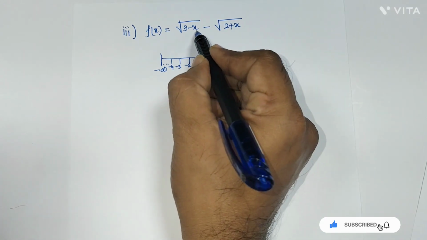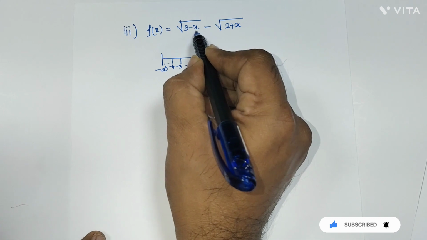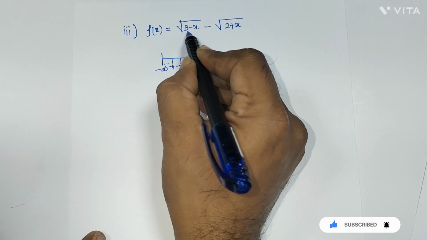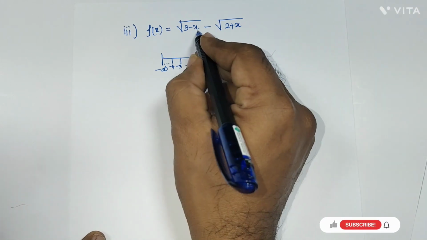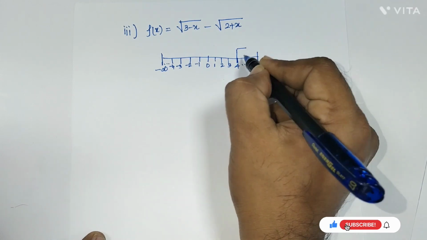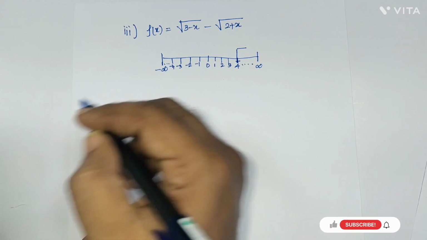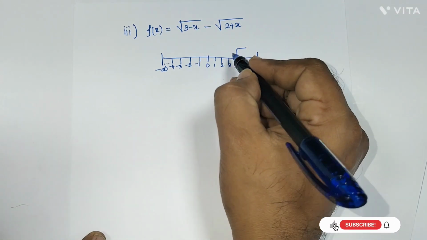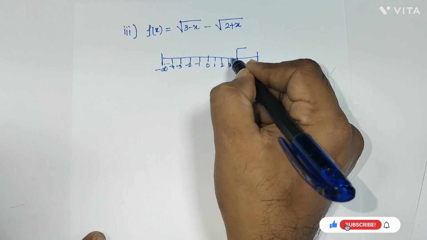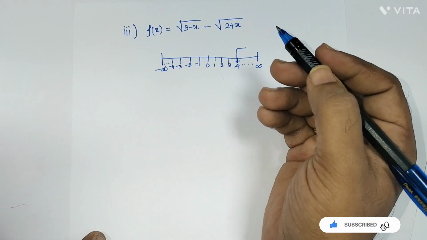So for example, suppose here I am substituting x equal to 4, you will get minus 1. That means i. That means here x equal to 4 is not possible. Not exactly x equal to 4, you can apply exactly 3.1, the 3.1 itself is not possible.